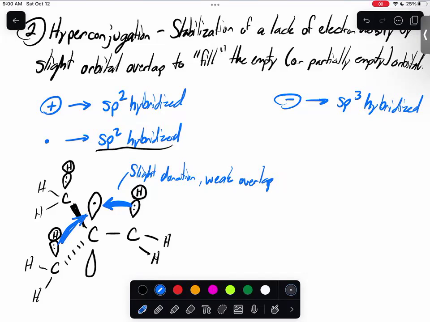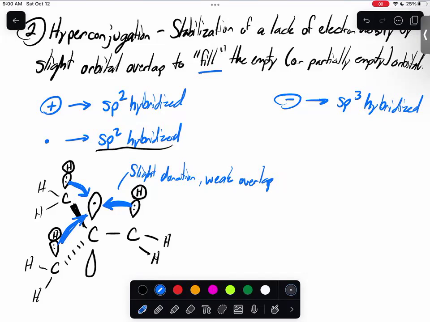But keep in mind, it's not like the electrons are actually flowing there. They're just helping, which is why I put it in quotations as filling that orbital, right? They're helping it feel more stabilized, but it's not necessarily that the electrons are moving to that area, okay?